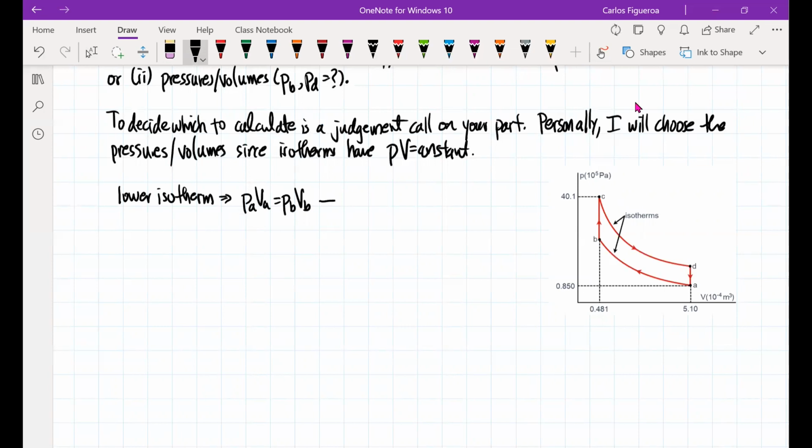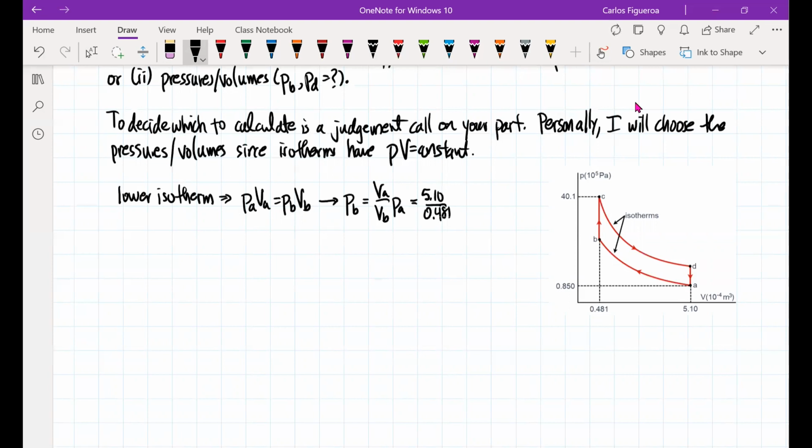So then I can solve for the unknown PB, which will then be VA over VB times the pressure at A. And so if I compute that, this is the volume at A, this is the volume at B. Now note, this is going to be times 10 to the negative 4, but of course they cancel out.